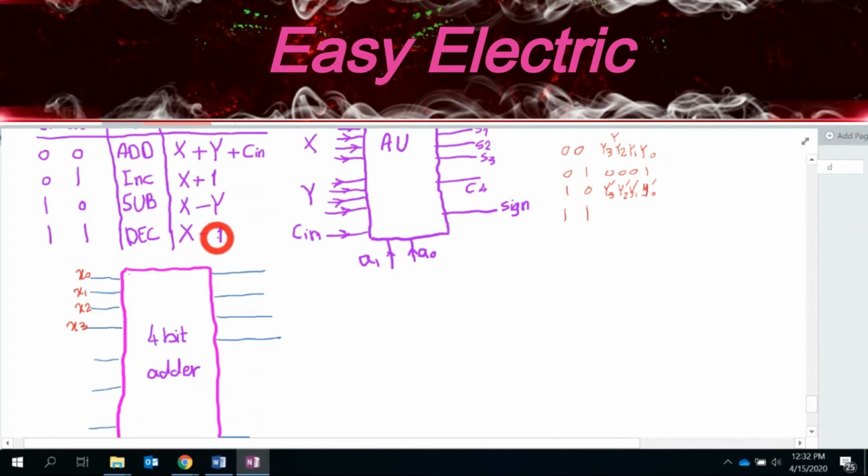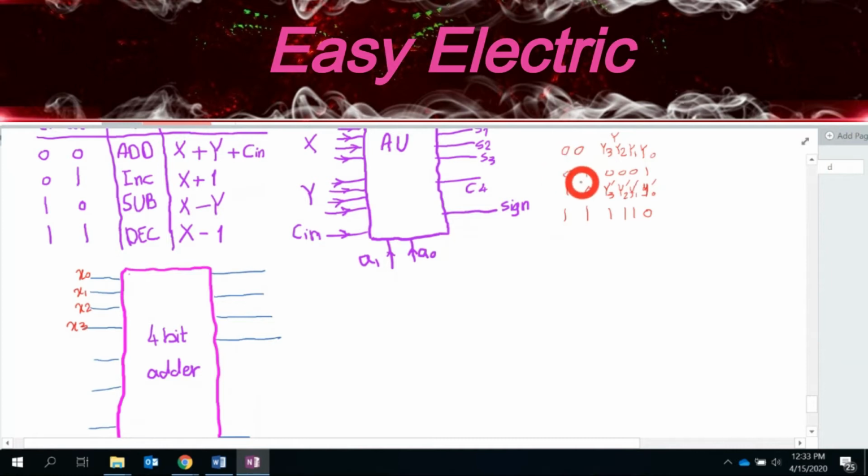So x minus 1 means x plus the first complement of 1. The first complement of 1 is 1, 1, 1, 0, right? For the first complement, you just convert 1 to 0, 0 to 1. That's the first complement, okay? So that means this is the whole story.